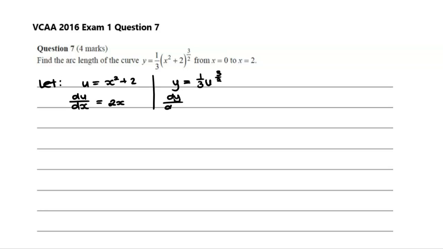So dy du would be a half u to the power of 1 over 2, because we're taking the power down the front, taking 1 from the power. So therefore, by chain rule, dy dx is equal to dy du times du dx.